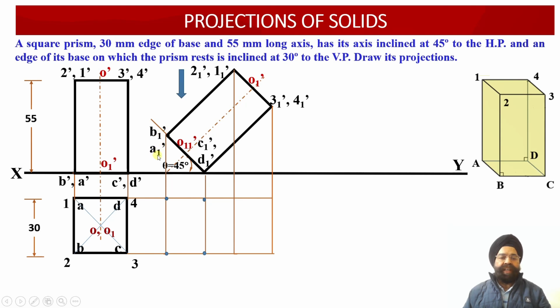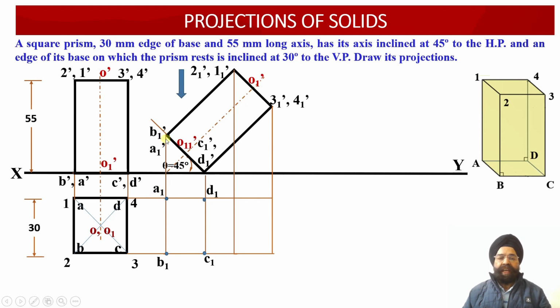So we have drawn a vertical projector from the point A1 dash of the elevation view, and this vertical projector must intersect with the horizontal projector drawn through the point A, which is available with us from the previous plan projection view. So once we draw the horizontal projector through A and the vertical projector through A1 dash, the intersection point provides us with the location of the point A1.